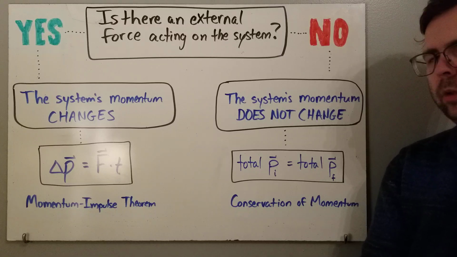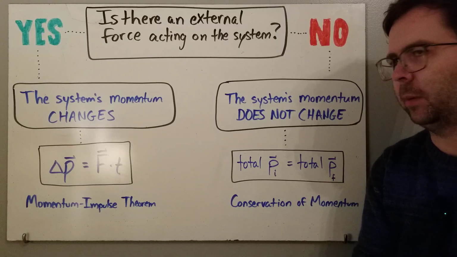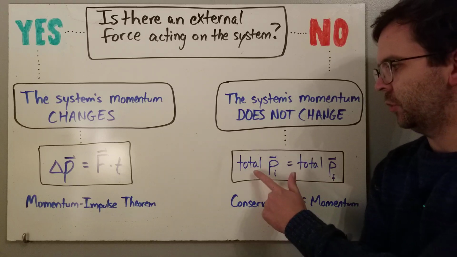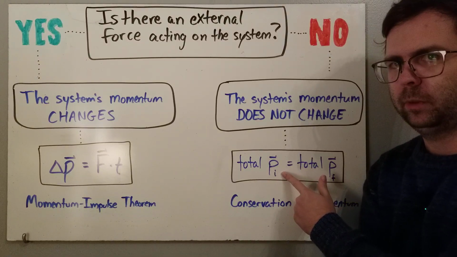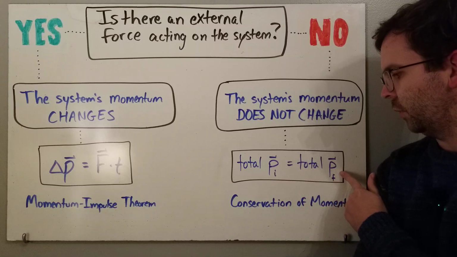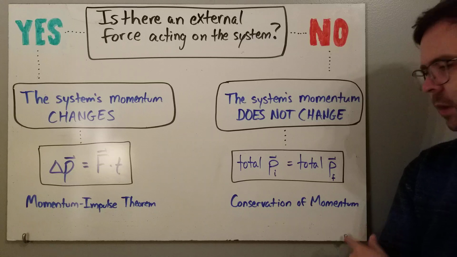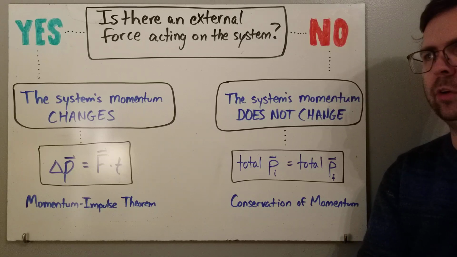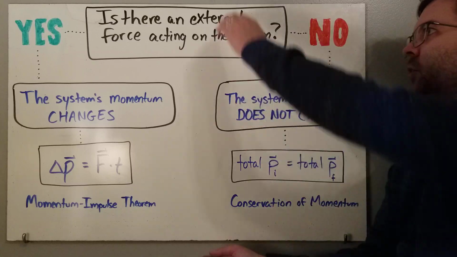And so to summarize the mathematical implications of this type of situation, we can say that the total initial momentum of the system altogether will equal the total final momentum of the system. And so this idea is called the conservation of momentum. This is the idea that I'm talking about in this video when we talk about different types of momentum conservation.